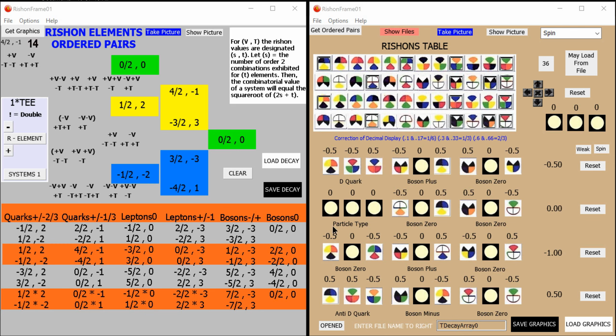And we'll see later that then we have a spin change from minus 1/2 of the generic D to plus 1/2.